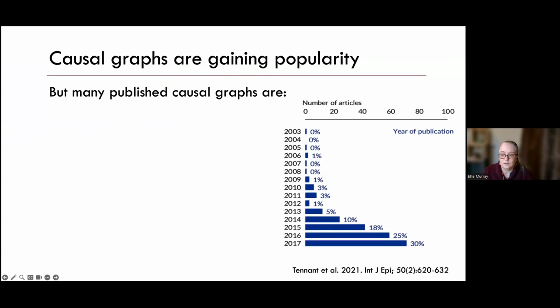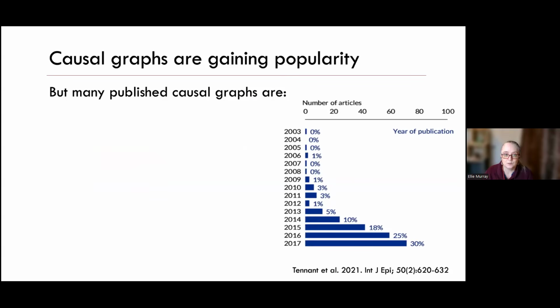We've seen an explosion of interest in using causal graphs in the literature over the last 2 decades. This is from a nice review led by Peter Tennant, showing a huge explosion of articles which say that they've used a causal graph, mostly DAGs, in their study.